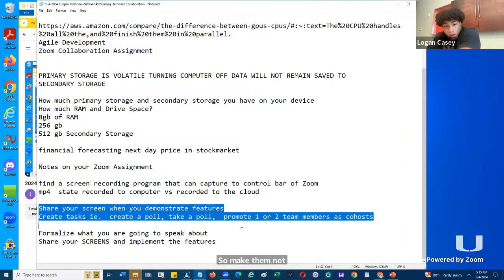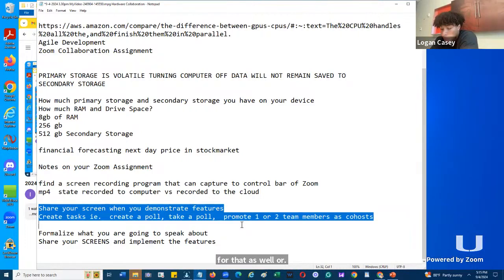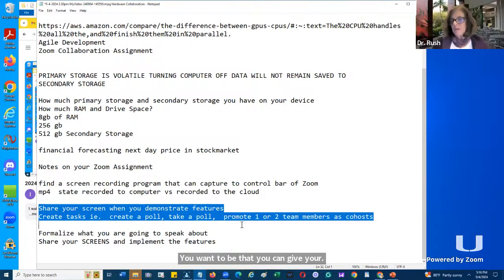Dr. Rush, sorry, were we supposed to do that for the individual assignment as well? Were we supposed to show our screen for that as well? Yeah, what were you showing on your individual assignment? You want to take every assignment that you did, so that you can give your video to someone and they can learn exactly what they need to do.